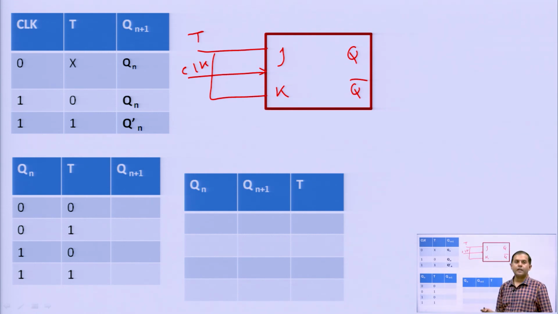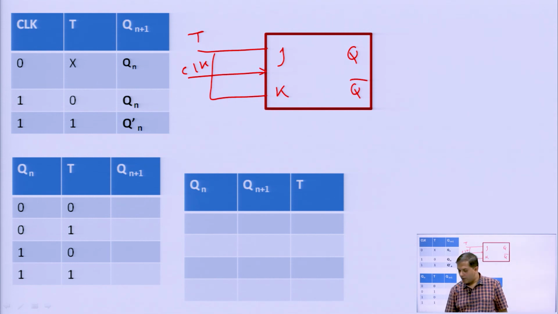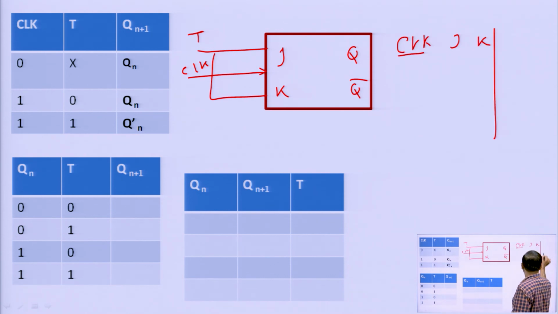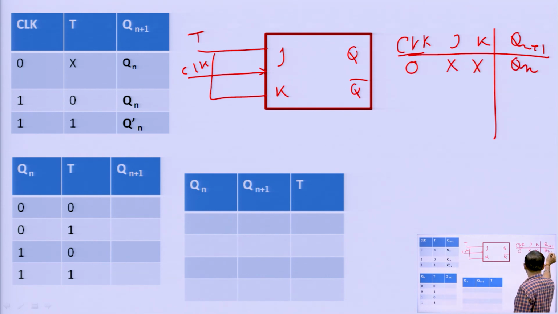So, from the truth table of the JK flip flop we can check the output of this. Let us go through the JK flip flop truth table. We know the columns are clock, J, K, Qn plus 1. For clock 0 with don't cares, it will be memory.